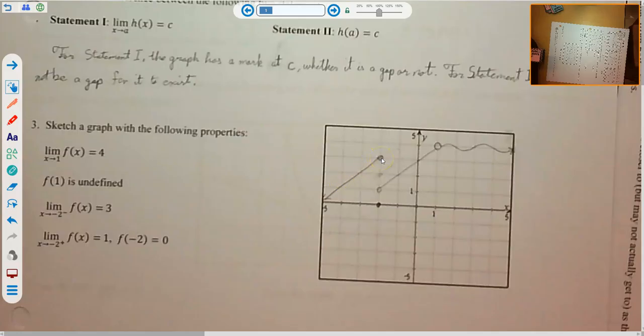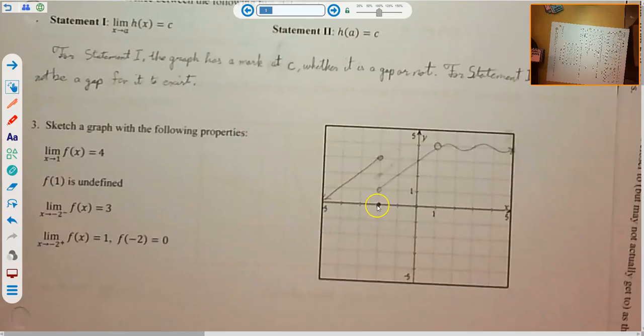Yep, that looks good. You pretty much have to have some type of circle right there at x approaches -2. Then from the right, we're supposed to get a limit of 1. So that means that we'd approach here. Does that look okay on his? Good. And then f of -2 equals 0.